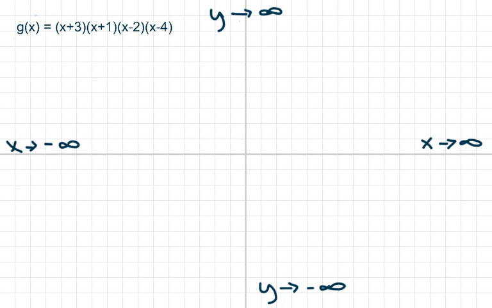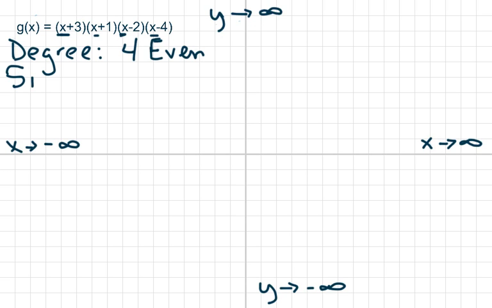Here is an equation. This one is in factored form, so we might have to do a little bit of work. My degree I've got to calculate. An x times an x is x squared, times another x is x cubed, times another x is x to the 4th. That is an even degree.